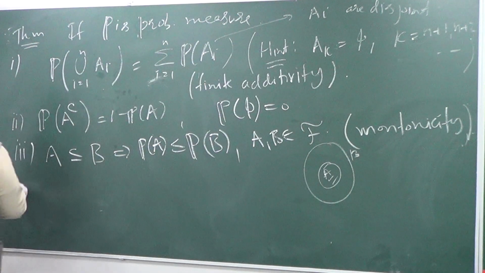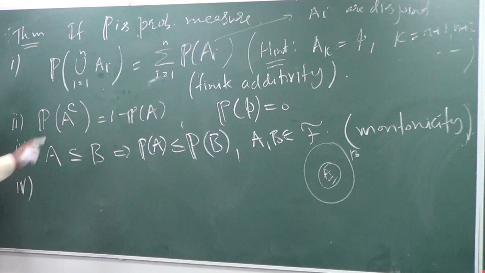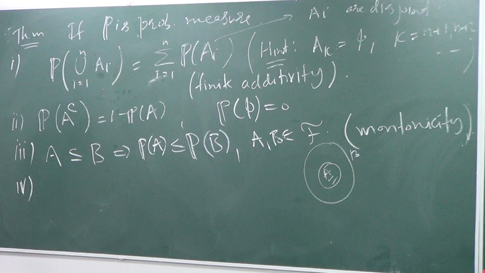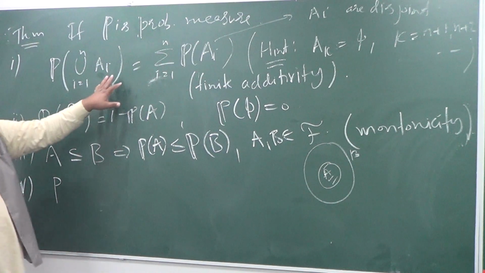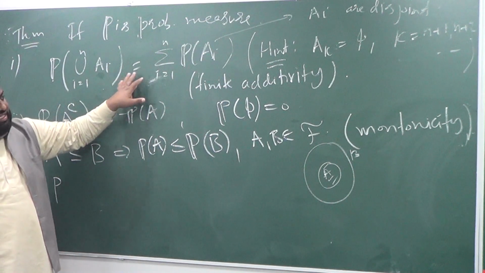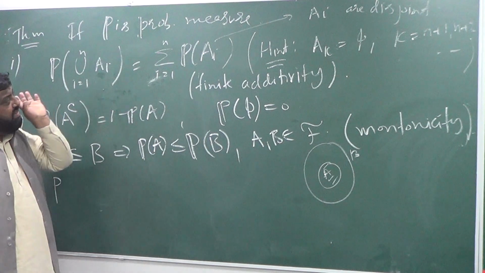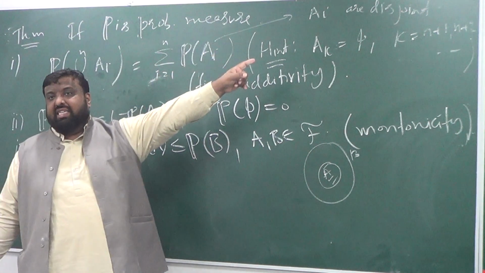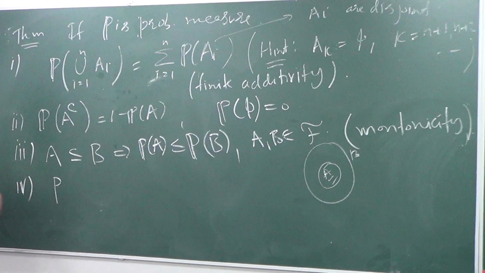Anyway, keep this picture in your head and try to write a proof for it. Second thing: countable additivity or finite additivity is true when the A_i's are disjoint. What if the A_i's are not disjoint?